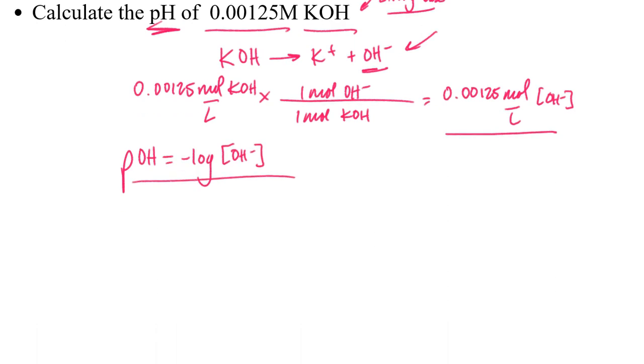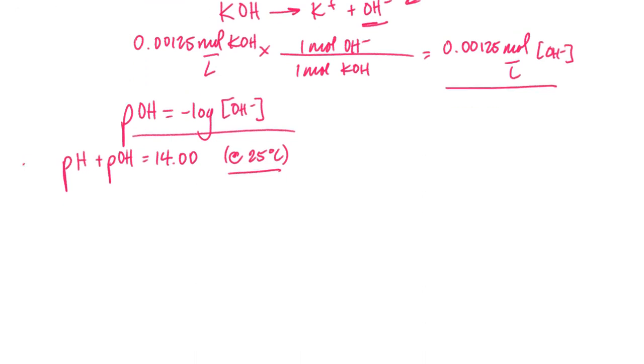But then also, we should bear in mind that pH plus pOH is 14.00 at 25 degrees Celsius. So assuming that we're at 25 degrees Celsius, we can use this equation to then convert from pOH to pH.